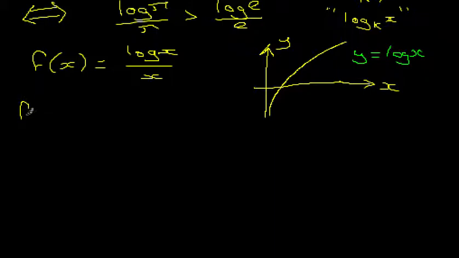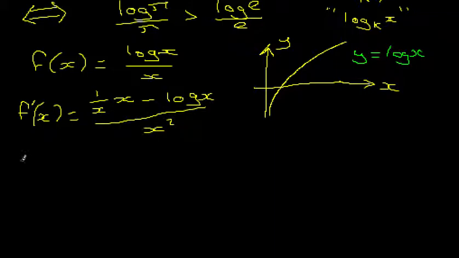By the quotient rule, f prime of x is the derivative of log, which is 1 over x. We can choose base e here, so if you're happier with using base e, then that's fine, and maybe this is more familiar to you. So log base e of x, the derivative is 1 over x, multiplied by x, applying the quotient rule. Remember, f prime g minus f g prime over g squared is the quotient rule, minus log x, because the derivative of x is 1, divided by x squared.